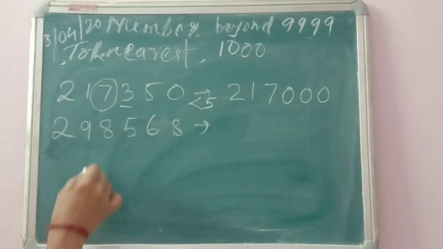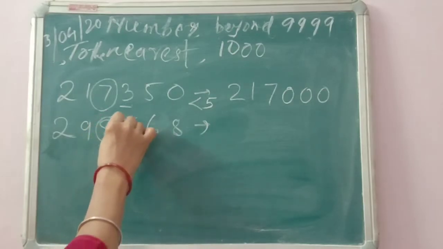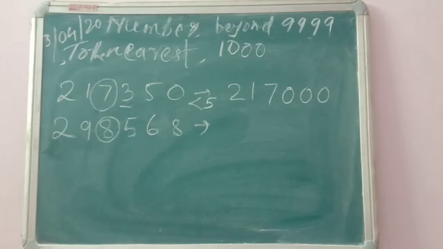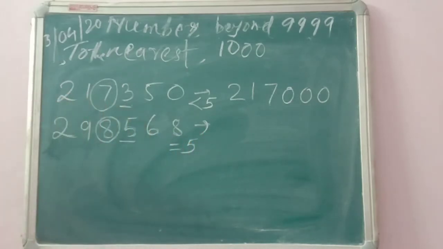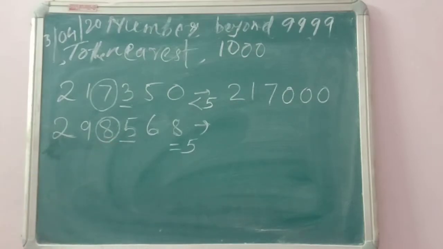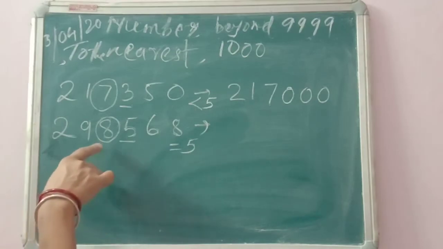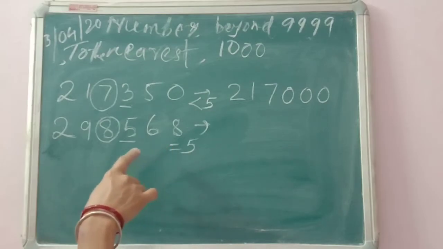It will be 2,17,000 after rounding. Now check the next number. Here the digit at which I want to round off is 8, and the digit which I have to check is 5. Since the next digit at the hundreds place is equal to 5, the digit at the thousands place will change to the next thousand, which means it will be 9, and all three digits will be replaced by 0.